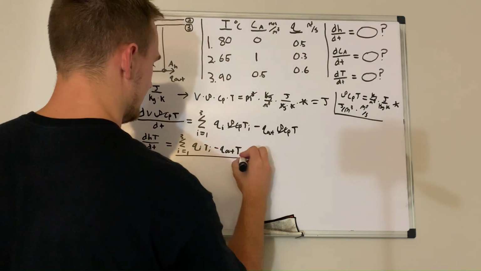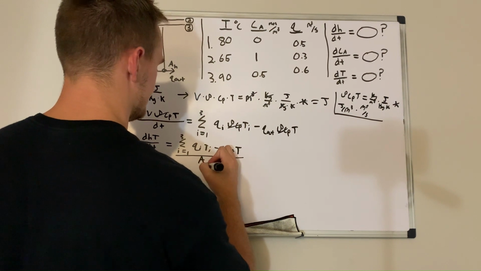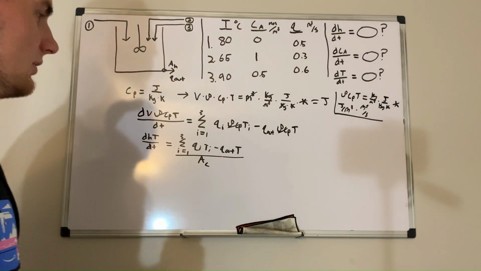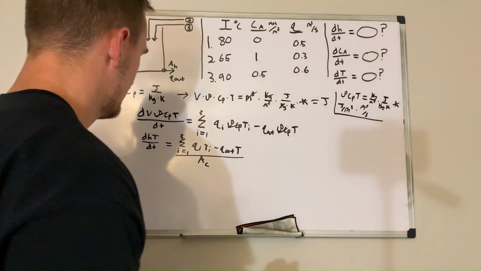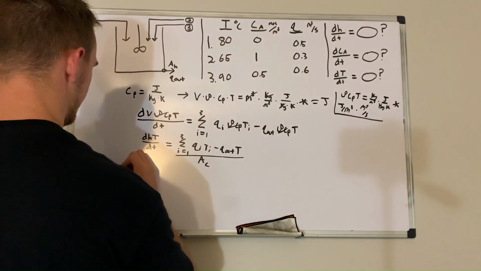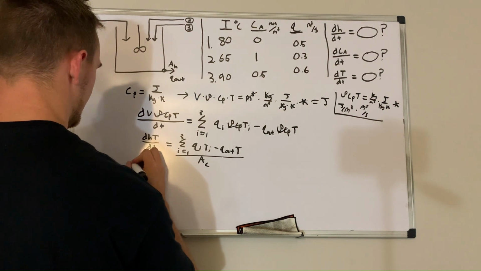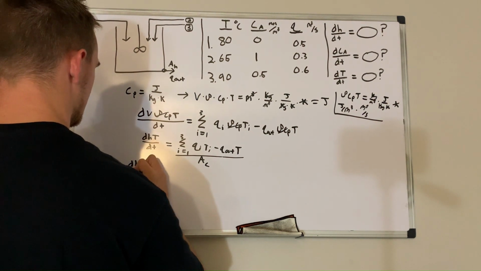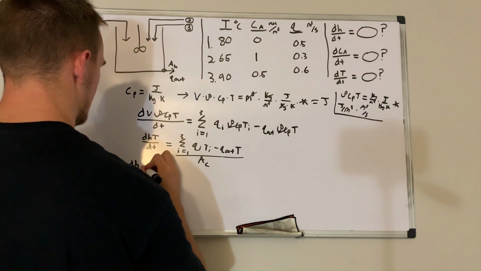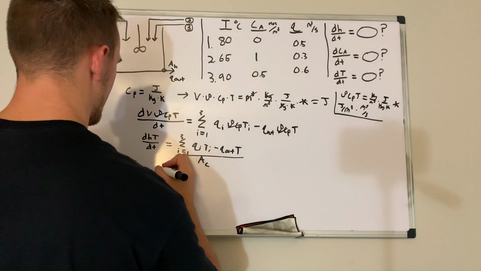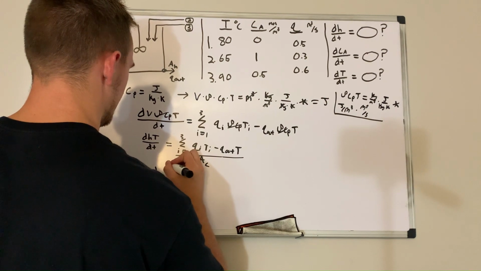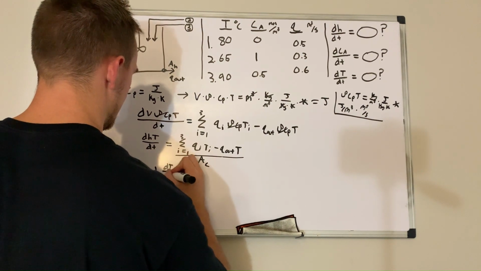So we'll divide this by AC. Okay, so now we're going to use the product rule again. So what we're going to have is the temperature times dH dt. We'll add on the height times the differential change in temperature with respect to time.